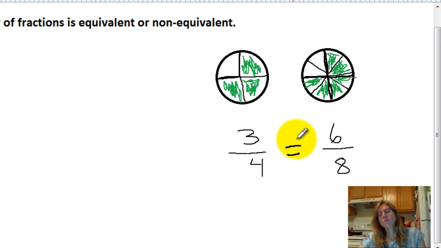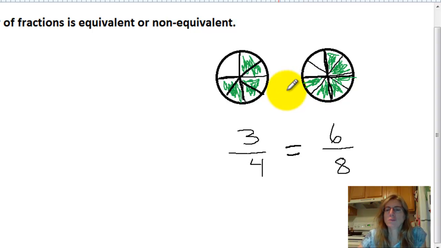In order to illustrate that 3/4 does in fact equal 6/8, when you show them on separate pies, what you're really doing is saying, I am cutting this piece in half, so I'm going to cut them all in half so that I will have all equivalent pieces, and this way you can make a correct comparison.